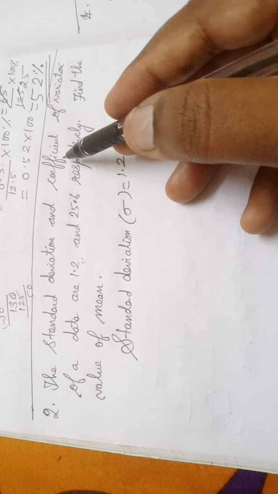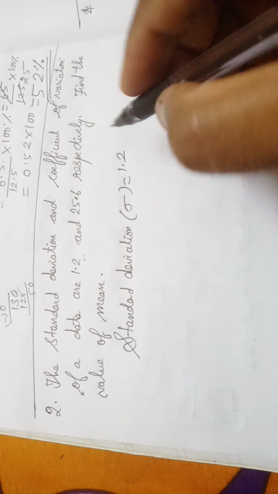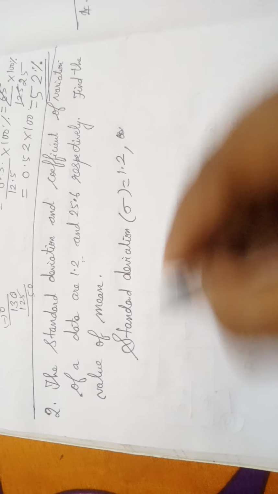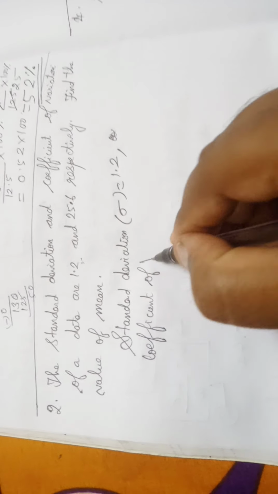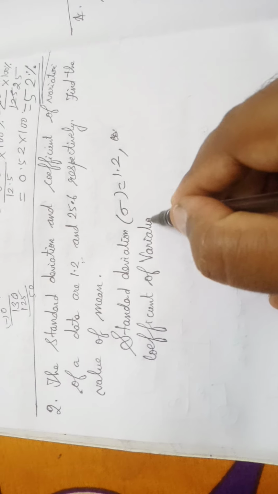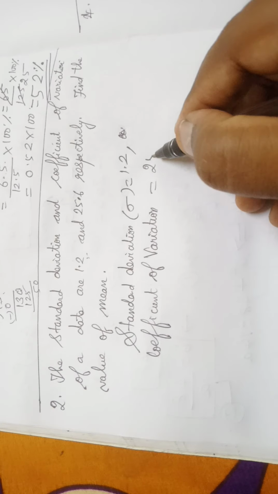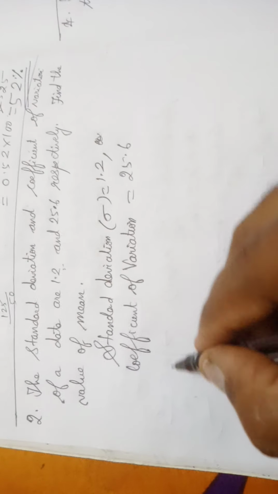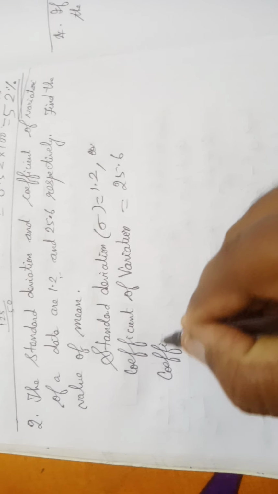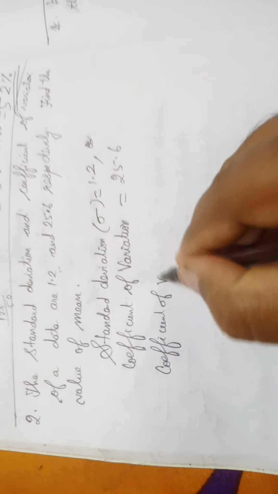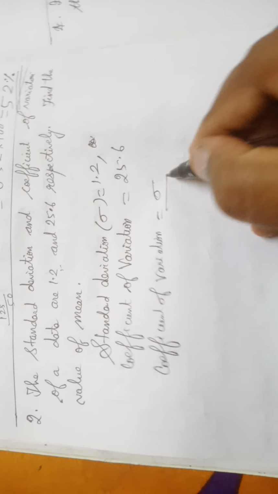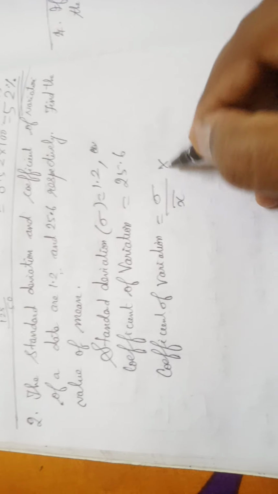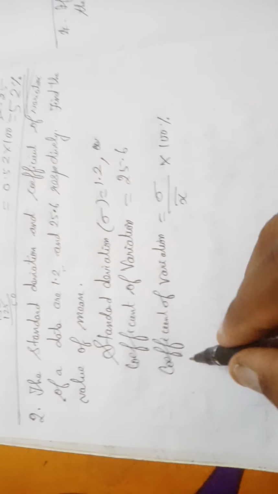Now coefficient of variation is 25.6. So the formula is coefficient of variation equal to standard deviation by mean of the data into 100 percentage.